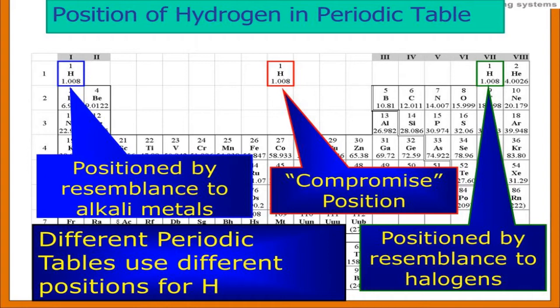Or if one electron is accepted, it becomes like helium. So it can become an H plus ion as well as an H minus ion. It is ready to accept and also ready to lose, so both possibilities are there.